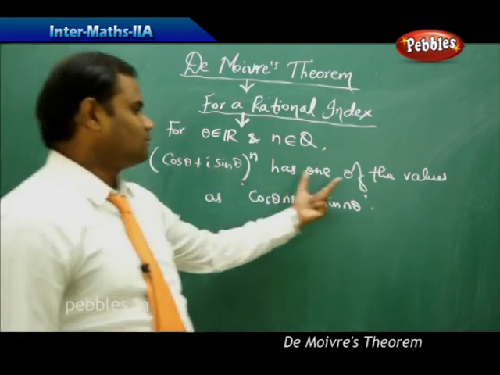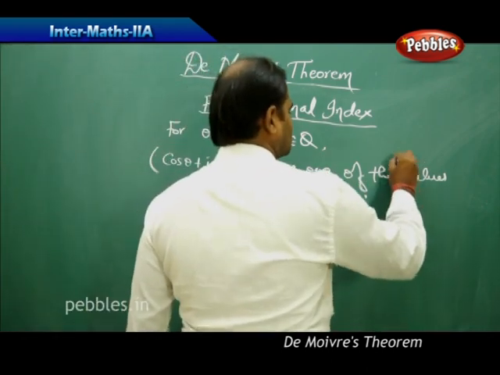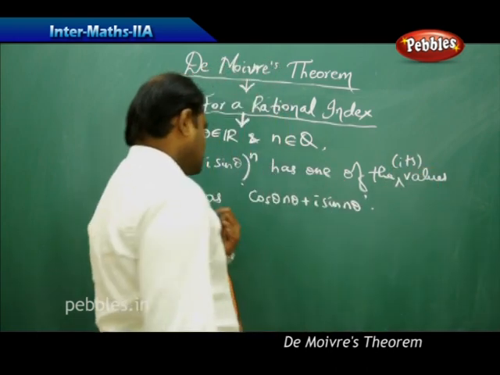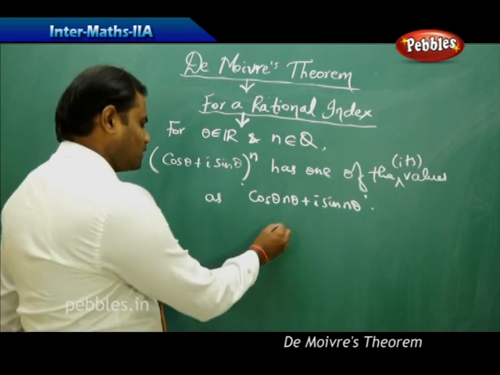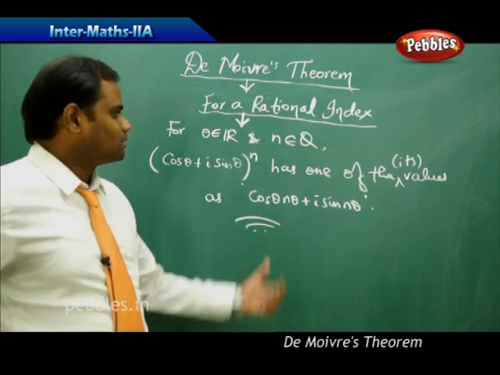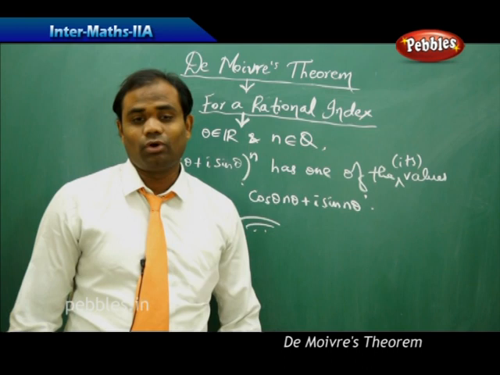This is how we conclude for n belonging to Q in the form p by q.